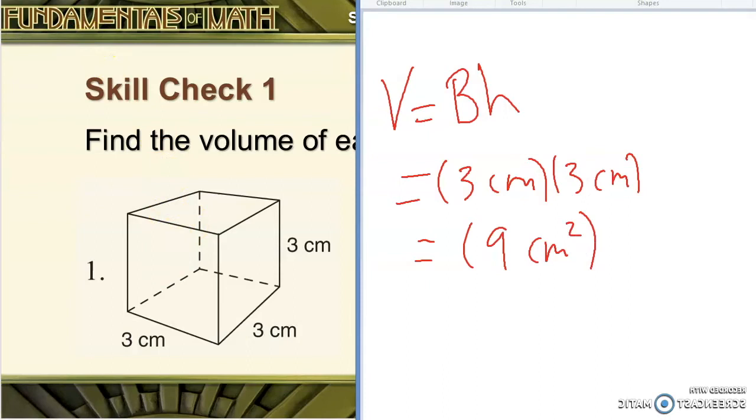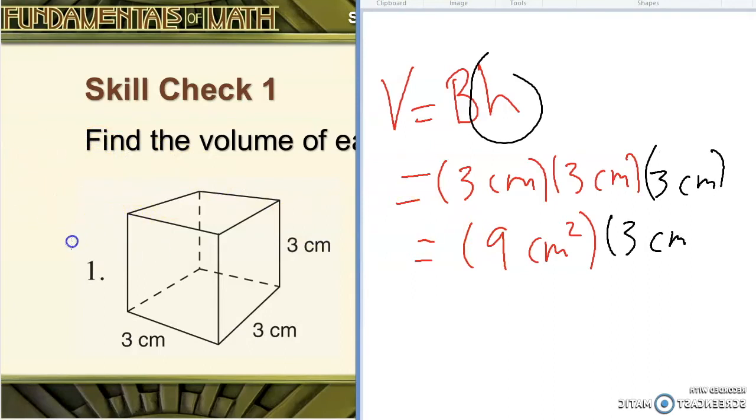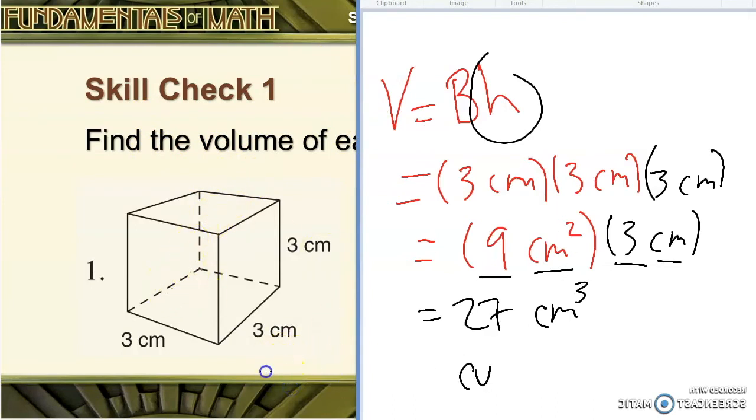Now we can go ahead and try to find our height. Our height in this case is another 3 centimeters. And our answer is going to be, what's 9 times 3? Very good, 27. And centimeters squared times centimeters is going to be centimeters cubed. All right, because area might be square area, but volume is going to be in cubic units.